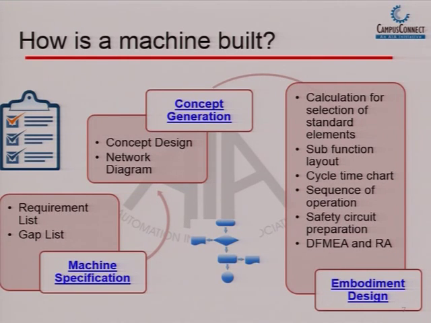We start with a simple list as to what all things we should consider when we build the machine. Now when you talk of a requirement list and a gap list, both together would tell us the machine specification. Okay, I'll relate this with cooking because that is the simplest example that you can take.